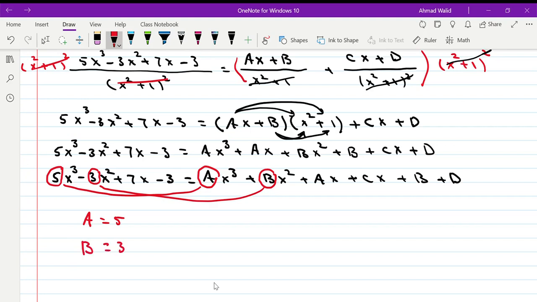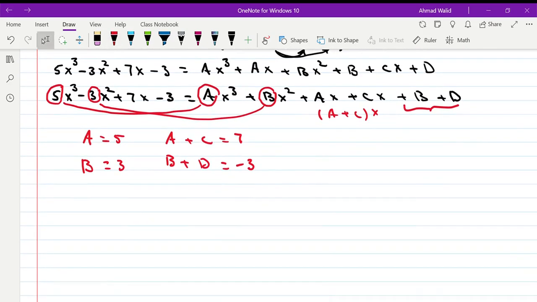The coefficient of x's, which here you can simplify as a plus c, you can factor out x. A plus c equals what? 7. A plus c equals 7. And your constant term, which is b plus d, equals the constant on the left side. It means minus 3.